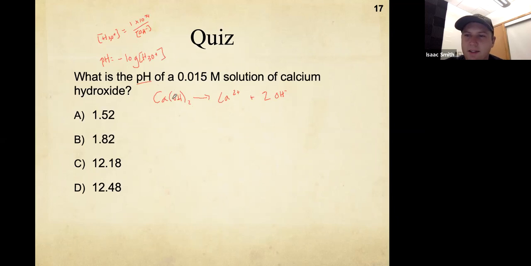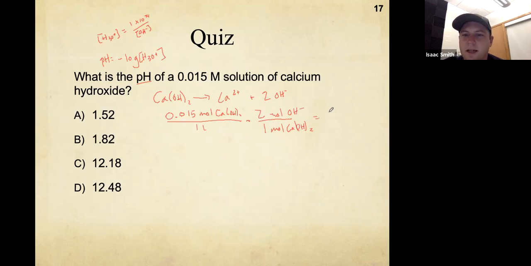We have the calcium hydroxide concentration, 0.015 molar, which means we have 0.015 moles of calcium hydroxide in 1 liter. Now if we want the hydroxide molarity, we need to convert this into moles of hydroxide. So for every 1 mole of calcium hydroxide that's dissolved, we have 2 moles of OH minus, right?